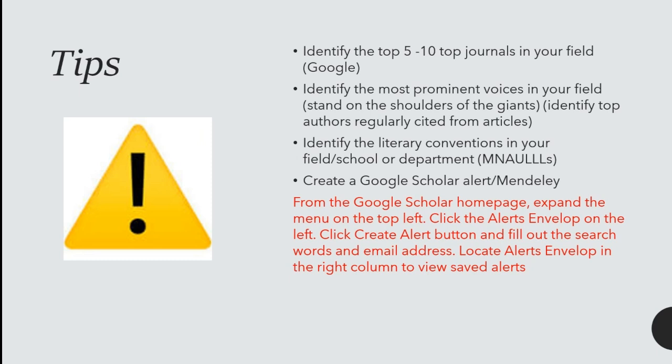Also important, you could create a Google Scholar alert. There are also alerts on Mendeley and many of these reference program sites. If you create, for instance, a Google Scholar alert, when a new article comes out, you will get an alert with the latest publications, which is always useful to check as you carry on.